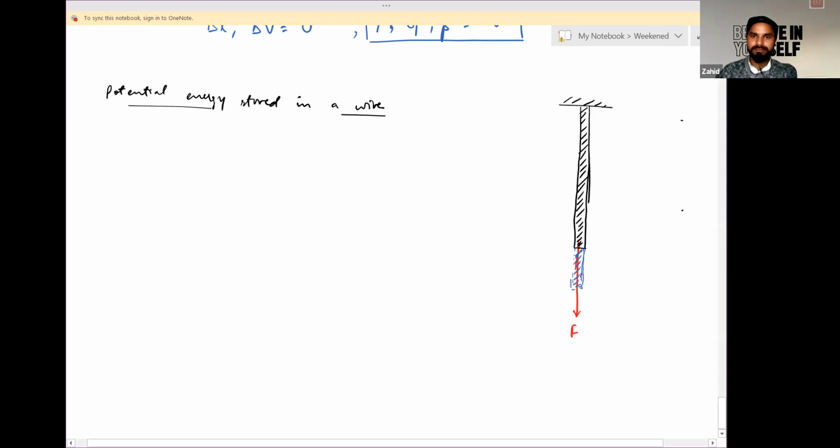But this deformation produced in this wire must have been achieved stepwise. So total deformation from this point to this point is small l. Actual length of wire from this point to this point is capital L, and area of cross section is A.